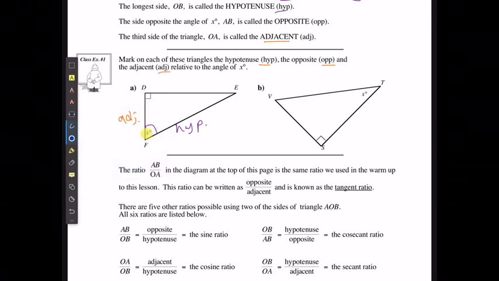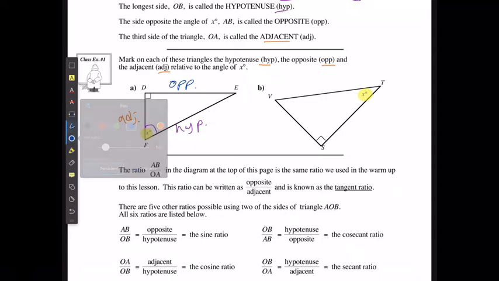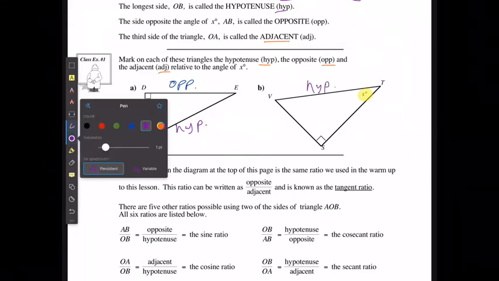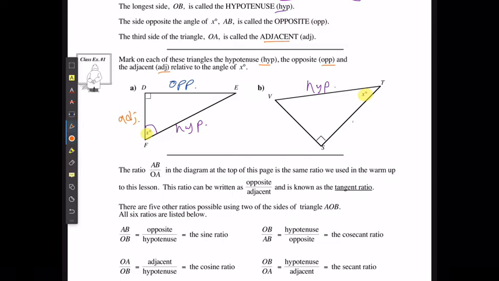And the side length that doesn't touch x is going to be called the opposite. If I look at the next example, it's moved where x is, but the rules still stay the same. The longest side is going to be the hypotenuse. The other side that touches x is going to be the adjacent. And the side that's opposite or doesn't touch x is called the opposite.